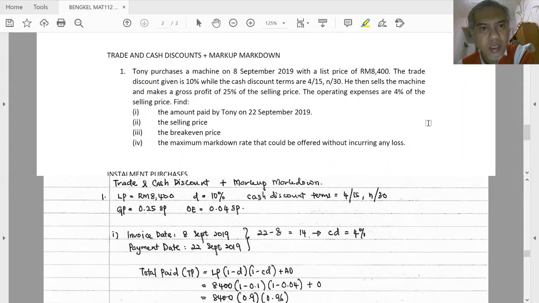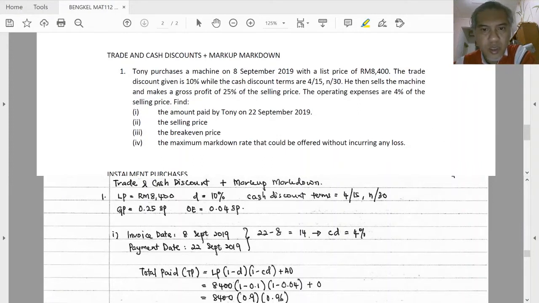He then sells the machine and makes a gross profit of 25% of the selling price. The operating expenses are 4% of the selling price. Find first the amount paid by Tony on 22nd September 2019, second the selling price, third the break-even price, and lastly the maximum markdown rate without incurring any loss.